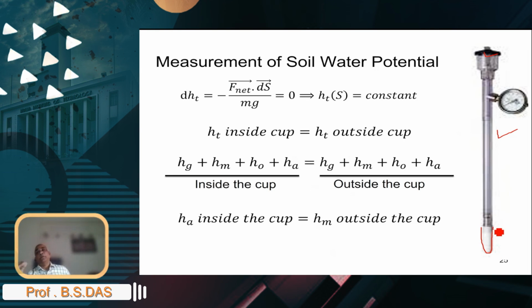This porous ceramic cup is unique in that the pore sizes are almost equal to each other, and it allows water to enter the tensiometer, so water can go in or come out, but it won't allow air to go in.